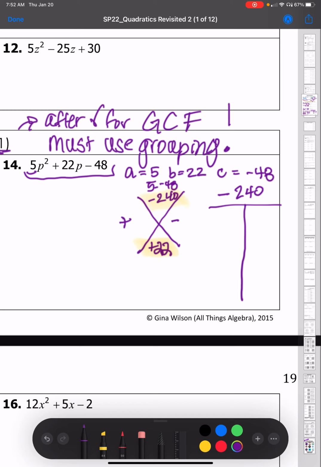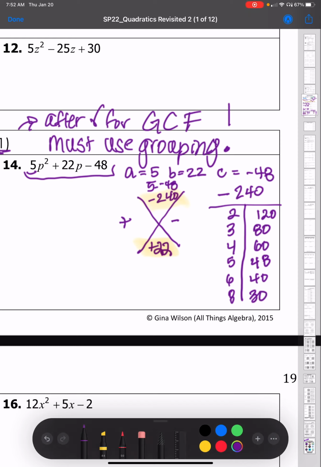So let's go through some factors of 240. We have 2 and 120. We have 3 and 80. 4 and 60. 5 and 48. 6 and 40. 8 and 30.